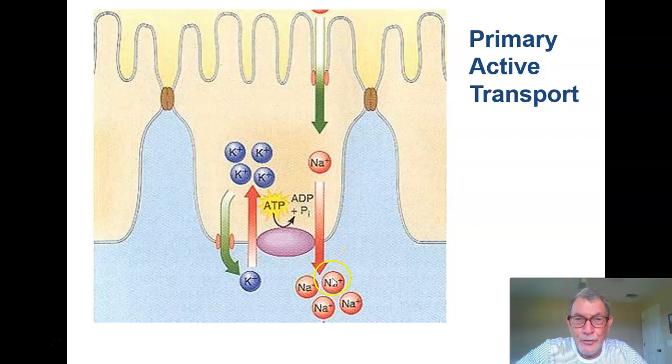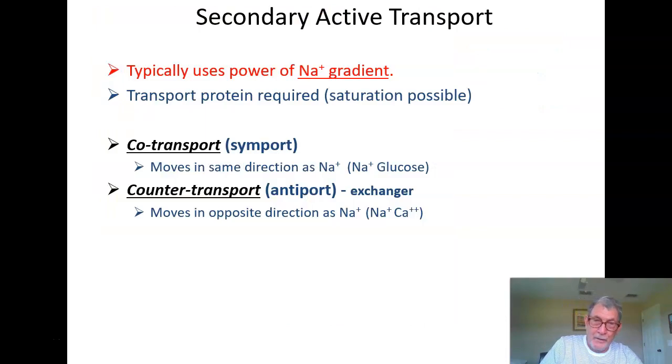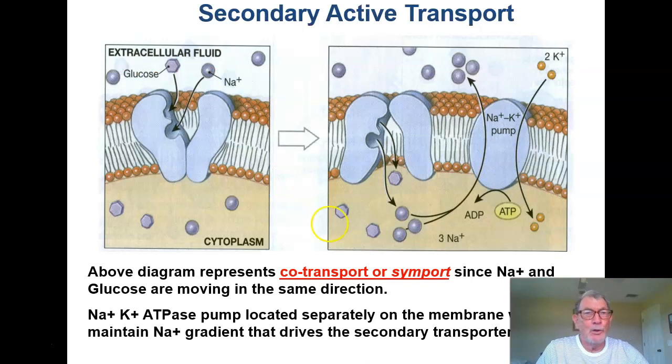And I can use this high pressure amount of sodium to combine with, say, glucose and move it across the membrane if it doesn't already want to go that way. So you're usually using the gradient of sodium, which is real powerful, to run a transporter to move some other molecule that doesn't want to move.